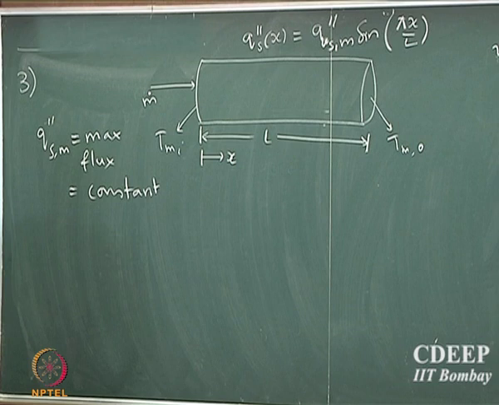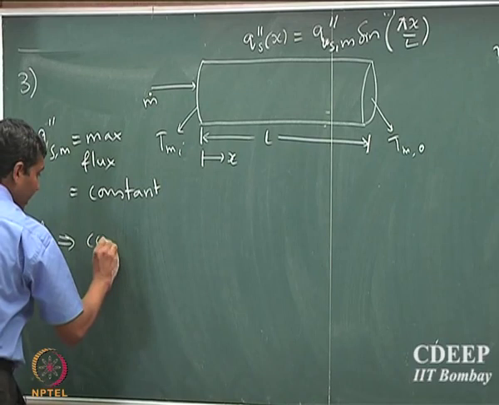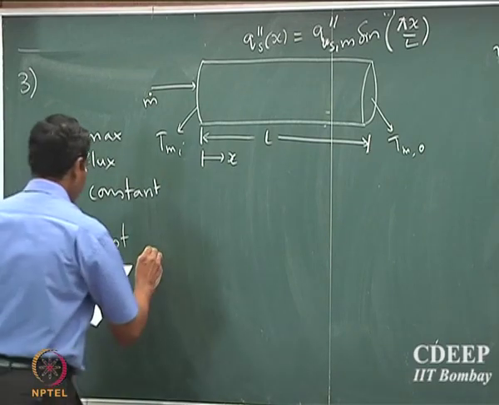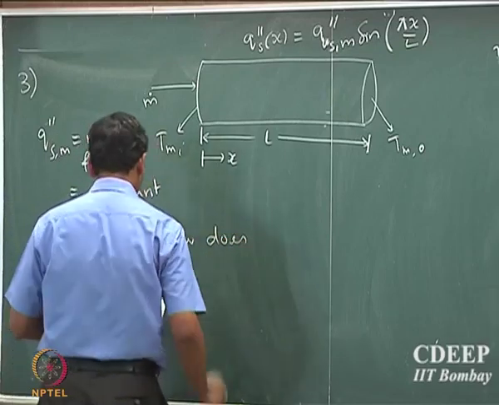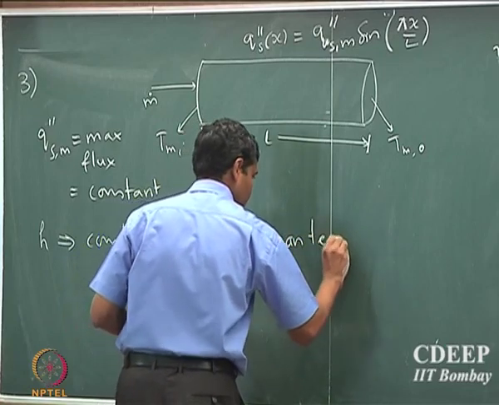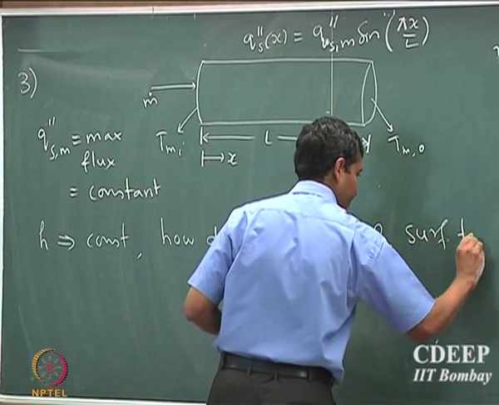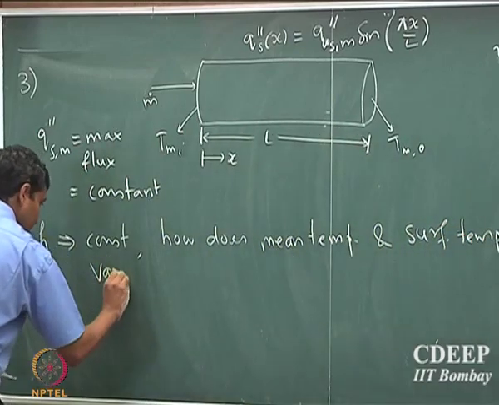And so we have a known function for the flux. So, the question is, if heat transport coefficient is constant, which means that we are really looking at fully developed regime, how does mean temperature and surface temperature vary with x?